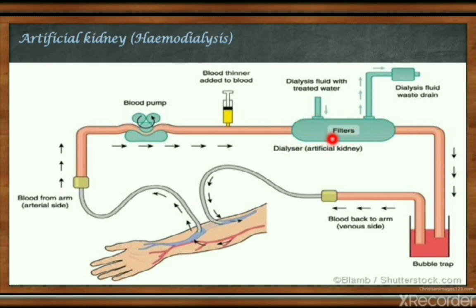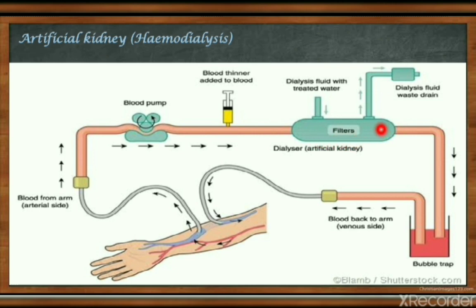Inside that fluid, all the blood components are present except urea, because we all know that in the process of dialysis we only remove the urea from the blood. So all the components of blood are present except urea, and that liquid is called dialysis fluid or dialyzer liquid.